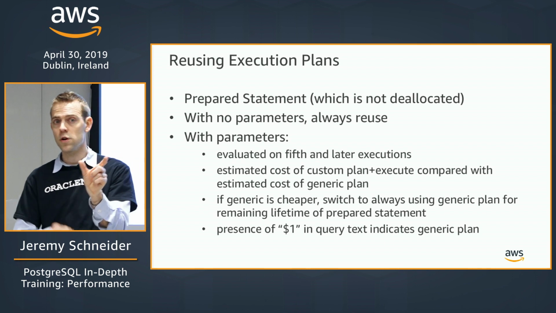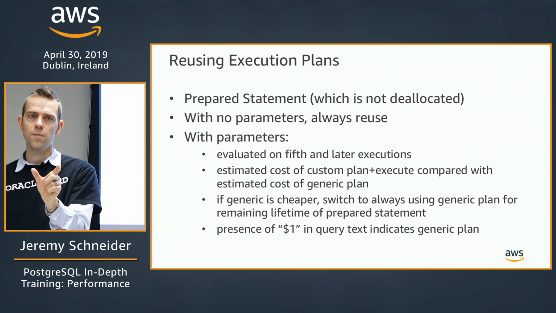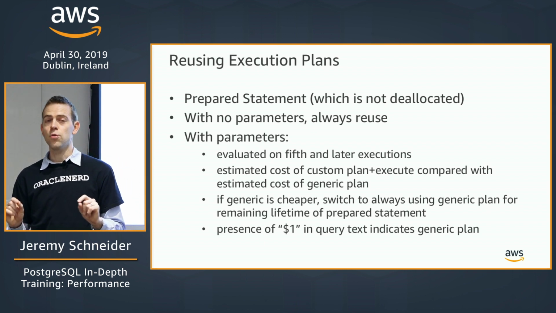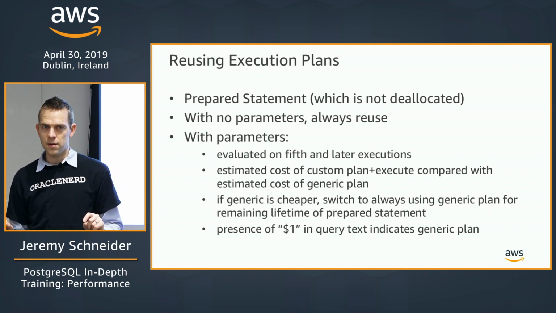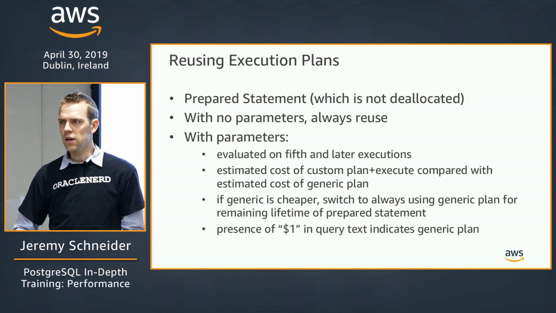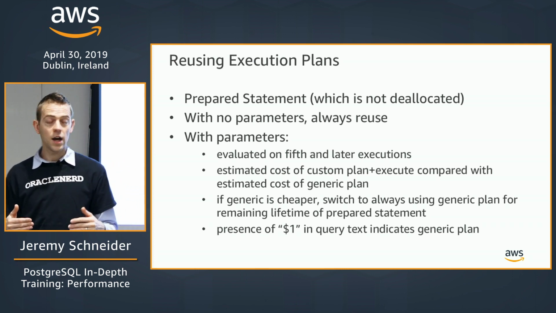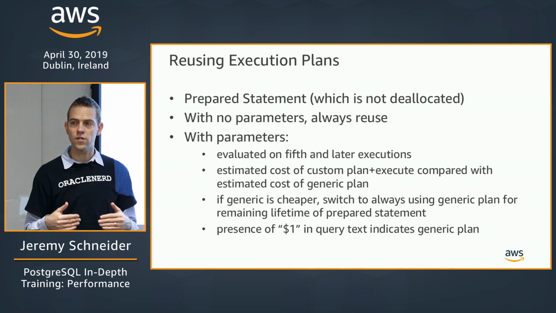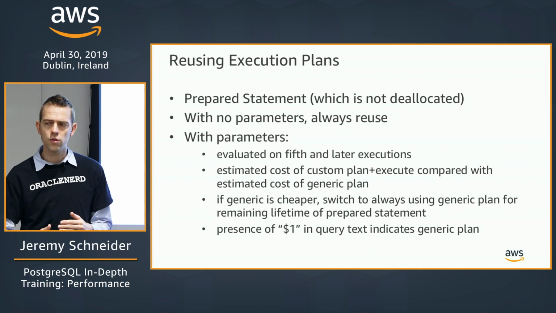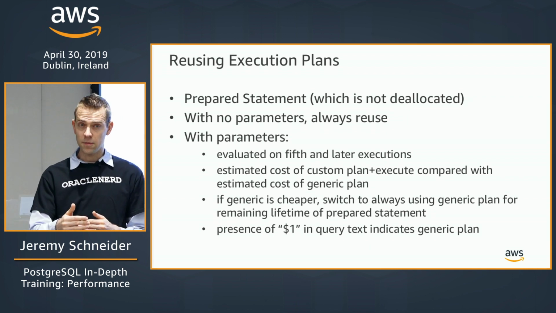But if it says where home country equals variable, then Postgres is like, whoa, whoa, whoa. I don't know what the right plan is yet, because I don't know whether the right plan is the index or the full scan. So what Postgres is going to do is just continue planning every time.